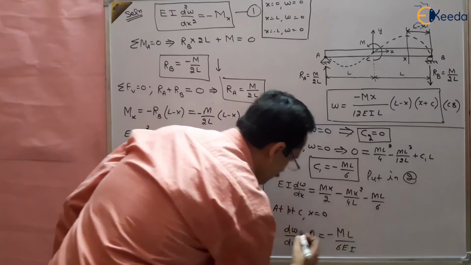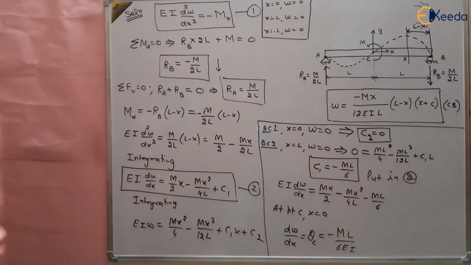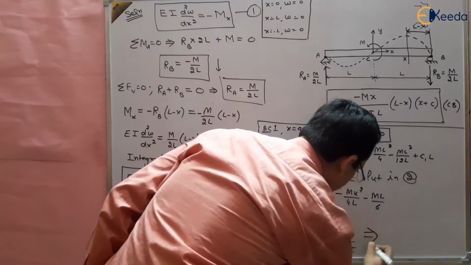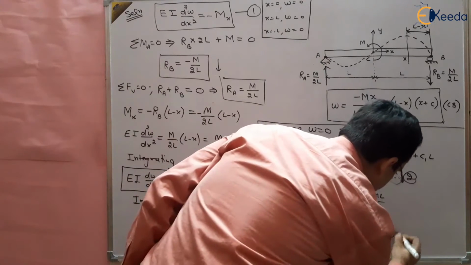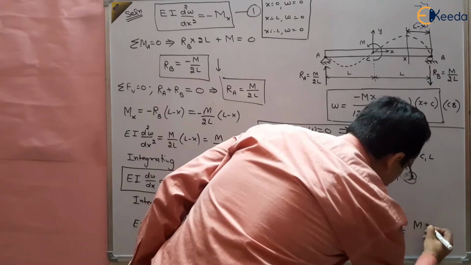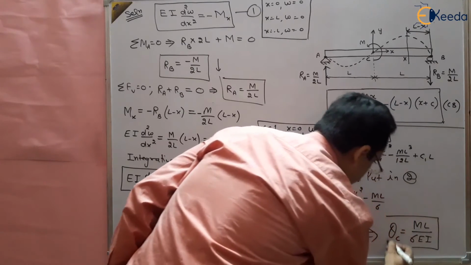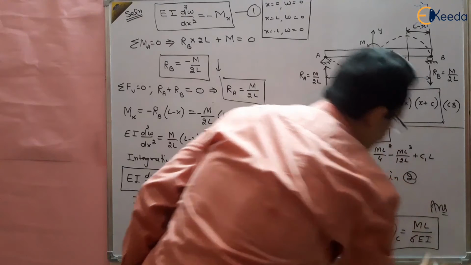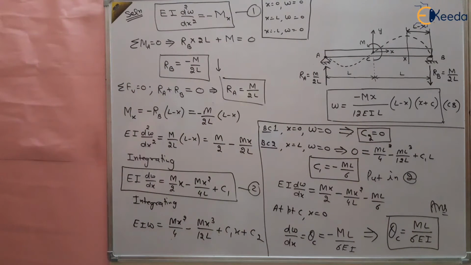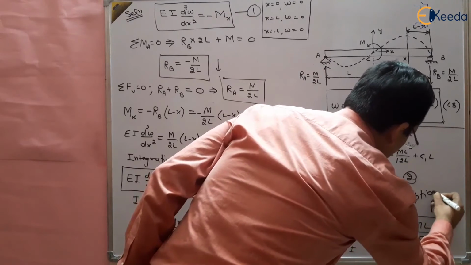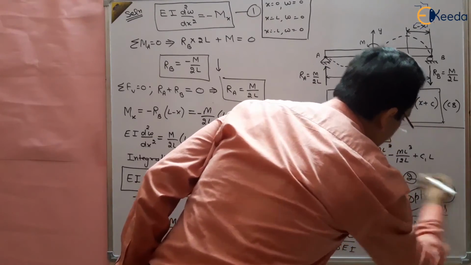So this is the slope, right? And in magnitude, the slope at point C is ml upon 6 EI. So this is the answer of this question, ml upon 6 EI, and this is option C. So option C is the answer.